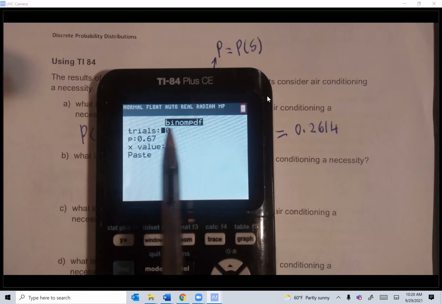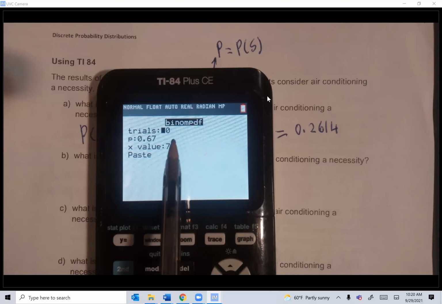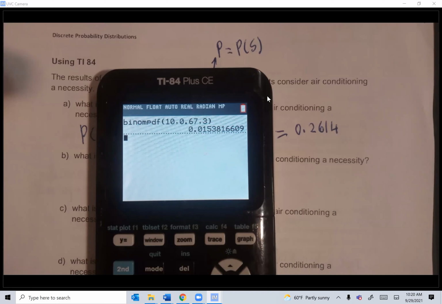It's a binomial probability density function. Number of trials is 10. The first 2 don't change, guys, from one question to another. The only thing that you have to change is the X value, which is 3. And paste and enter. There you go.